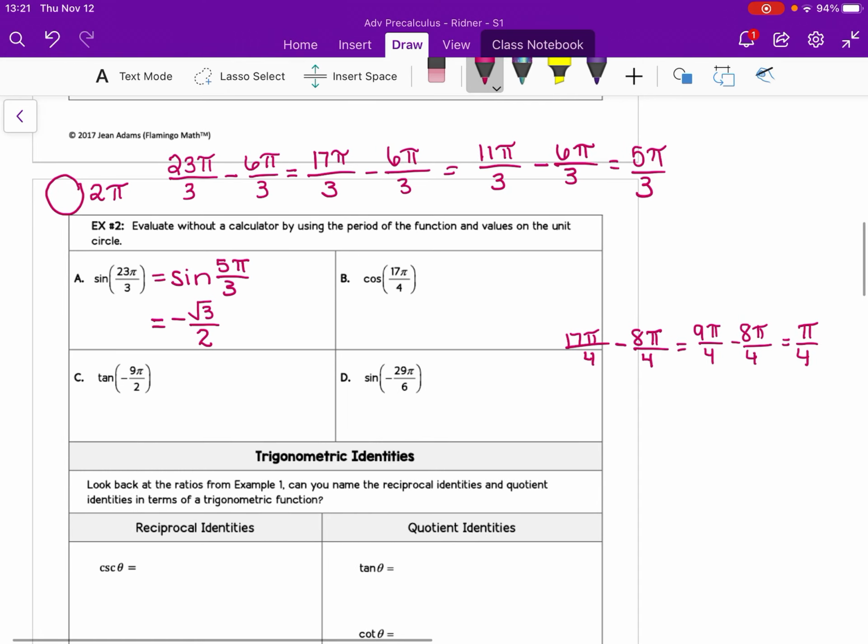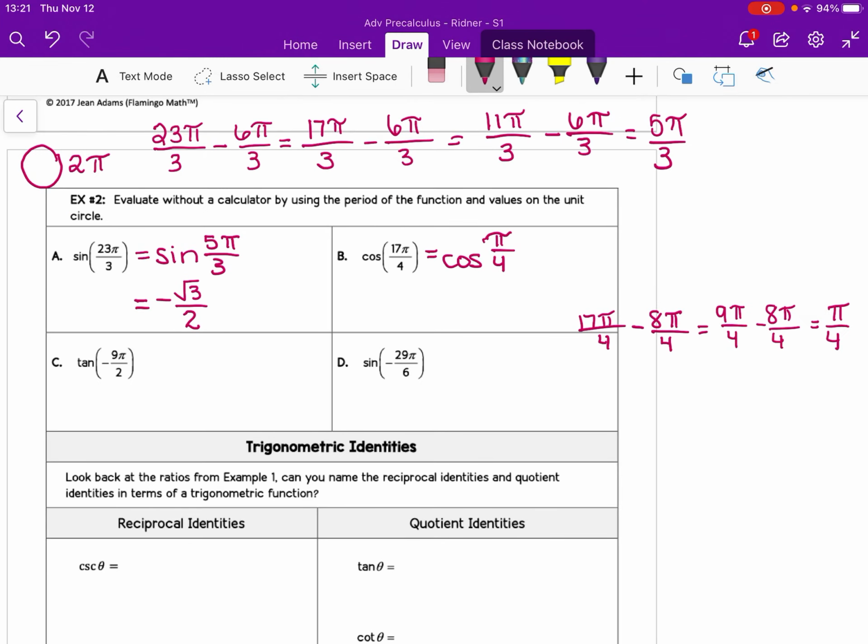So this is really, I am at the coterminal angle of that, which is pi over 4. And cosine of pi over 4, so that means on the unit circle, the x value at pi over 4 is square root of 2 over 2. And instead of just taking my word on it, maybe try actually looking at that on the unit circle so that you are making that connection, okay?